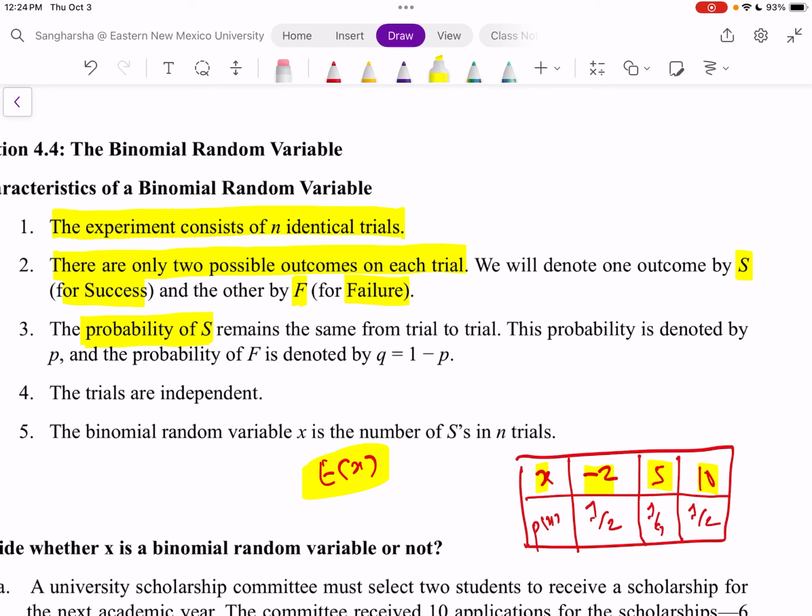Getting success means getting head. So what is the probability of getting success in the first trial? 50%. Now I'm into my second trial. What is the probability of getting success in the second trial? 50%. It's the same, right?